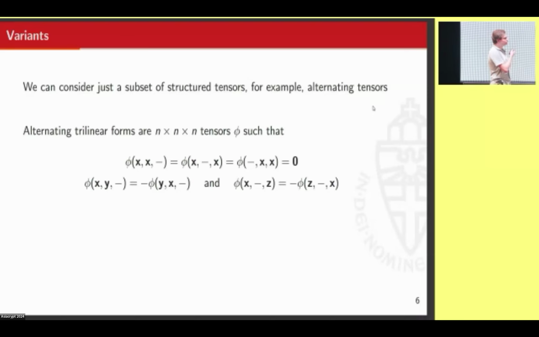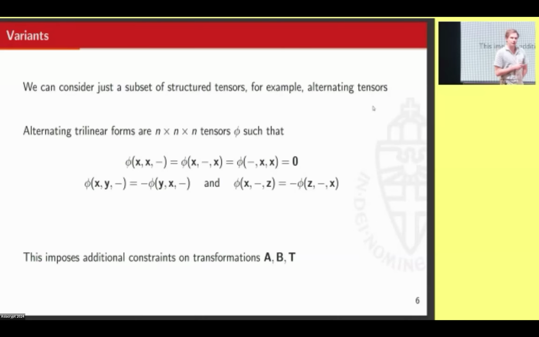Either if two of the inputs of this trilinear form are the same, then the result is 0, for any two inputs, then we call it alternating. Or equivalently, if we swap any two inputs and the result negates, then we also call it alternating. And these are equivalent. And this limits the space of tensors that we can look at.